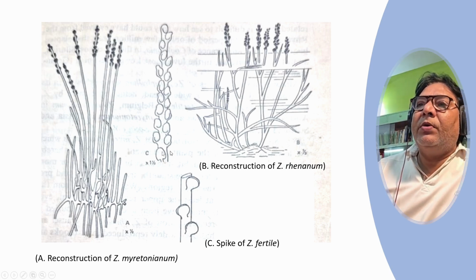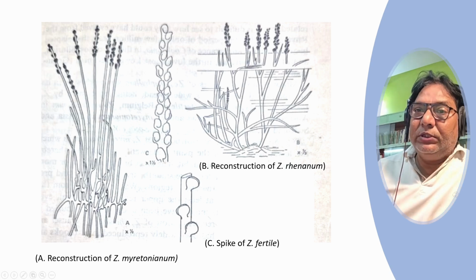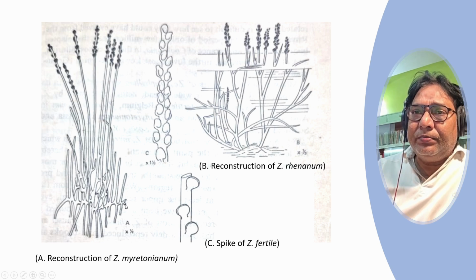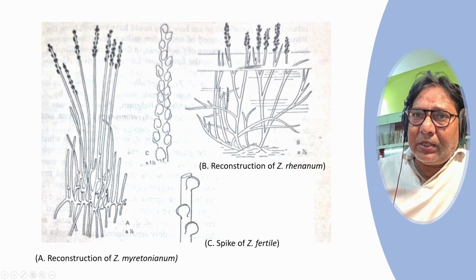This is the overall physiognomy of the plant. So K-type or H-type branching, they were talking about that. This is H-type. See, you see the rhizome part. One branch is going aerial, another branch is going down. So you can see that H-type structure, an H letter is being formed, isn't it?